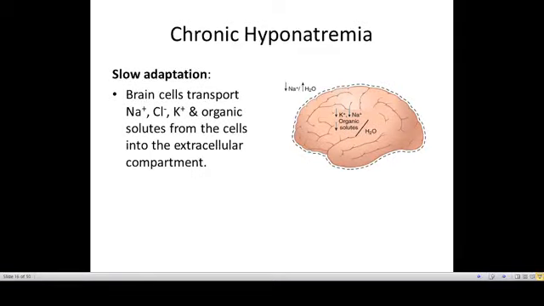In slow adaptation, brain cells transport sodium, chloride, potassium, and organic solutes from the cells into the extracellular compartment. This response weakens or slows down osmotic flow of water into brain cells, and there is less swelling of brain tissue.